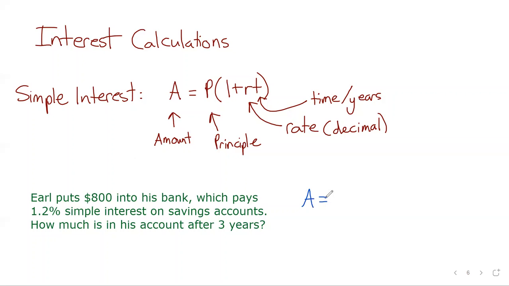Let me just do the calculation. Okay, A equals principal. Principal, if we need this definition, is just the amount that you invest in something, times 1 plus the rate. Okay, let's be careful here. 1.2%, but as a decimal, move this over twice, so that's 0.012.